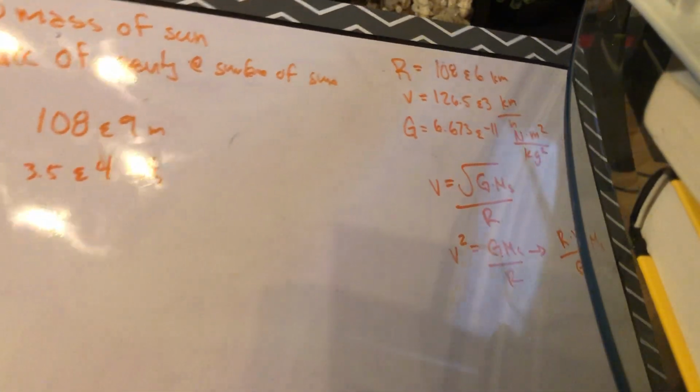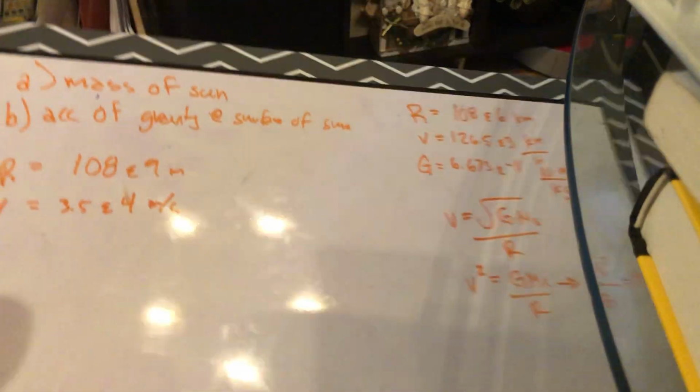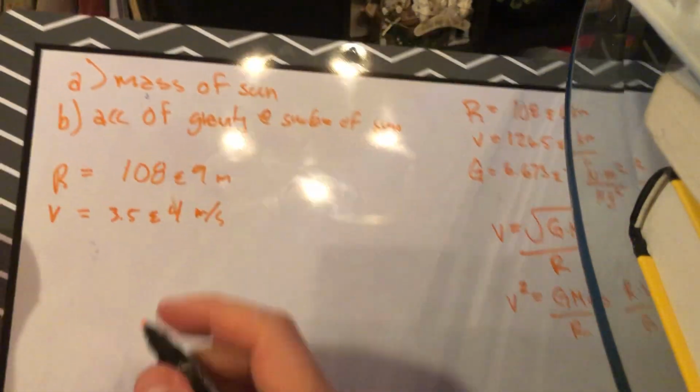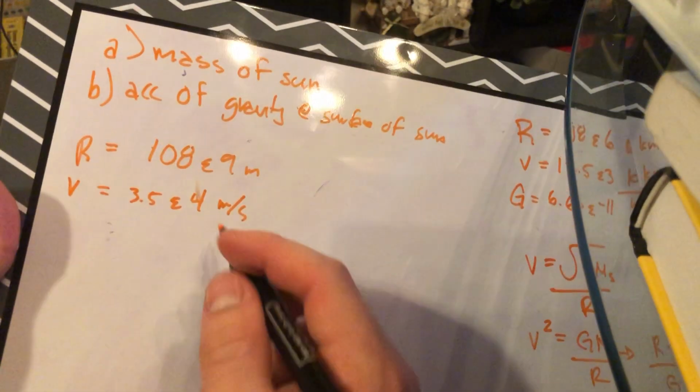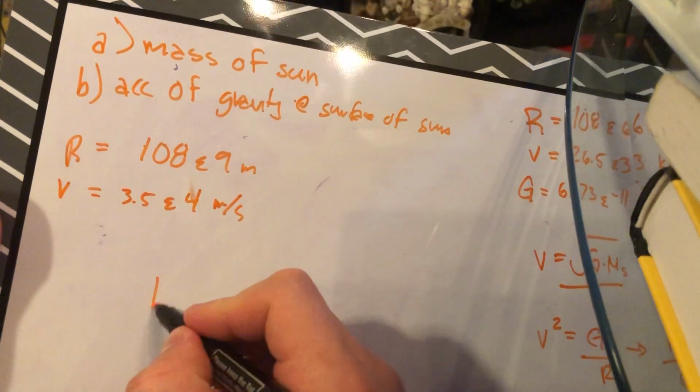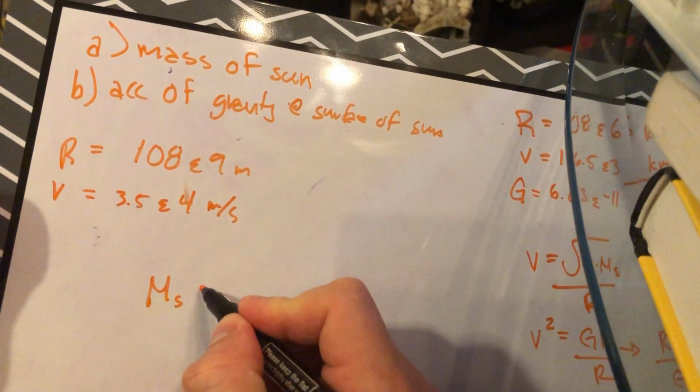It's just a shorthand. So now, I think G is the gravitational constant, but I don't remember why. I'll have to double check that.